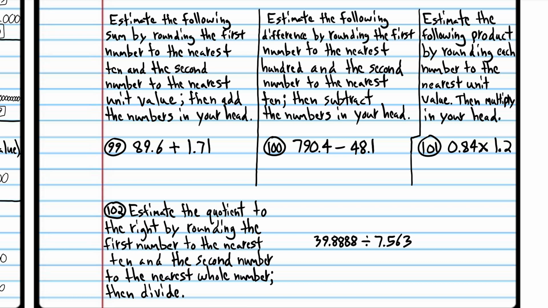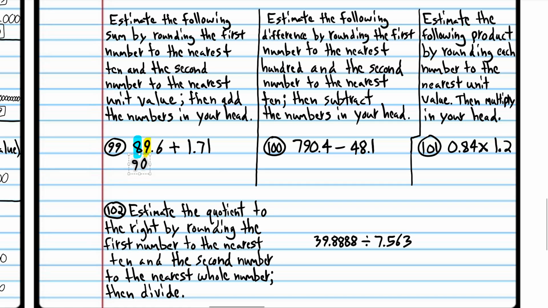All right, we're back. So this is the tens place. The 9 tells us to round up. So the 8 is going to go up to 9, and all the other numbers are going to become 0. But we can just leave that ending 0 off, and so it just rounds to 90.